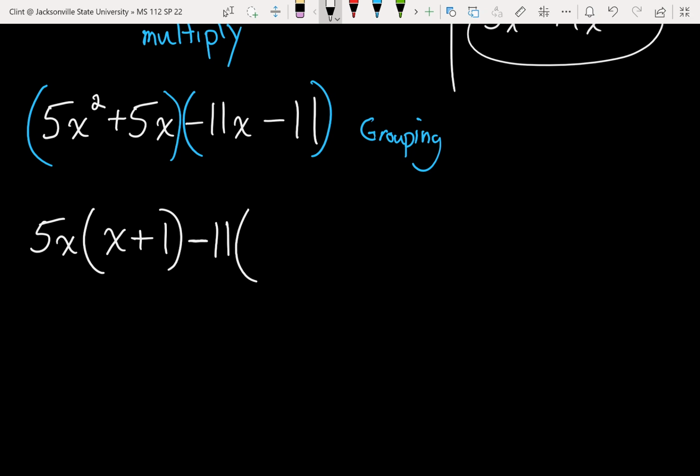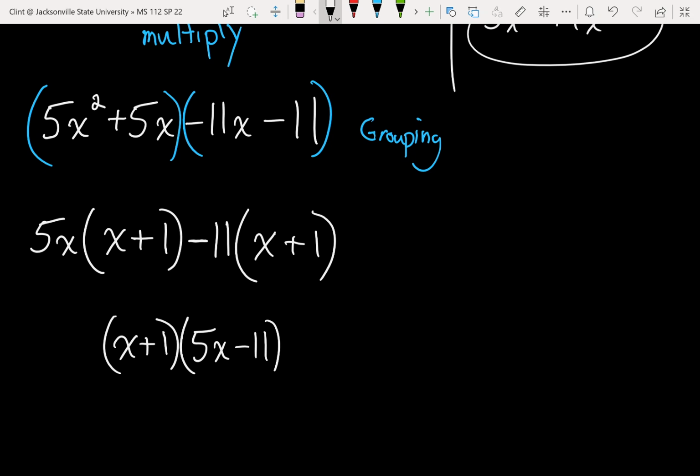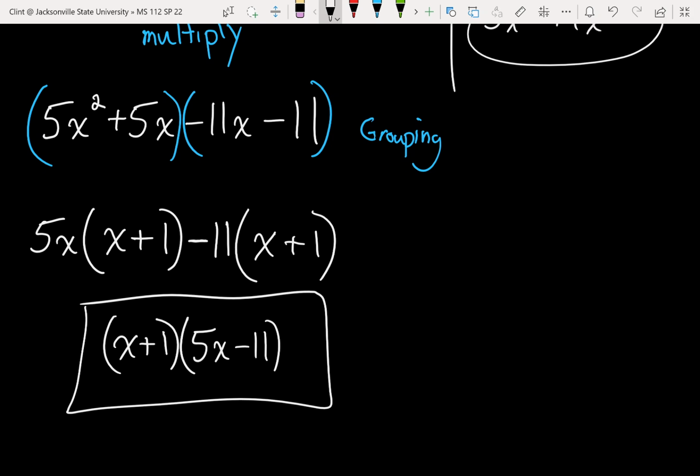If I take out a negative 11, that will leave me with x plus 1. You remember the step here on grouping, it's just x plus 1, 5x minus 11. It's a little messier.